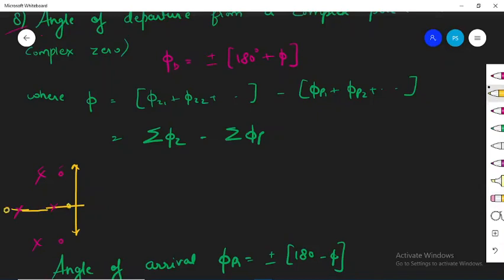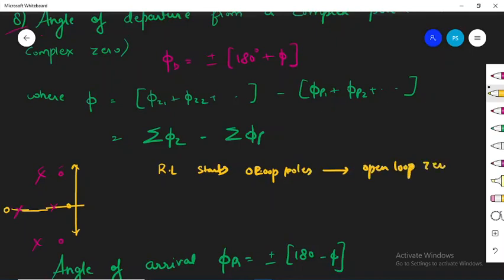Now we know that when we draw the root locus diagram, it always starts at open loop poles and it always terminates at open loop zeros.